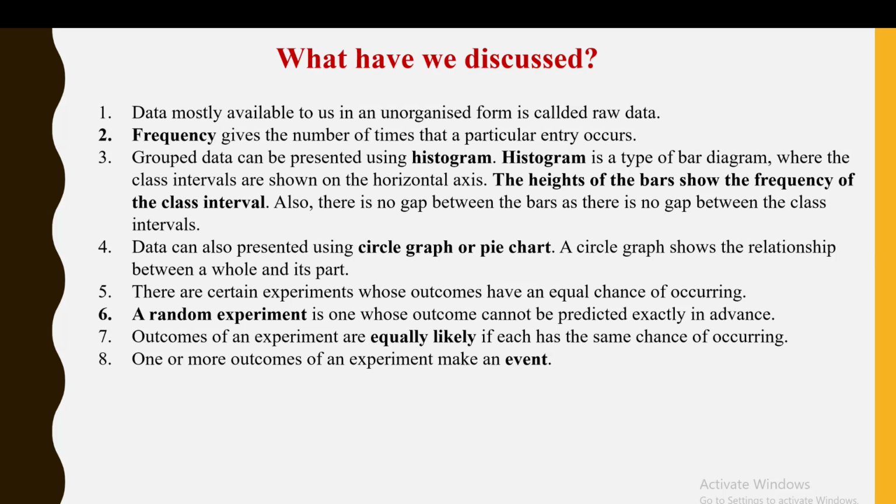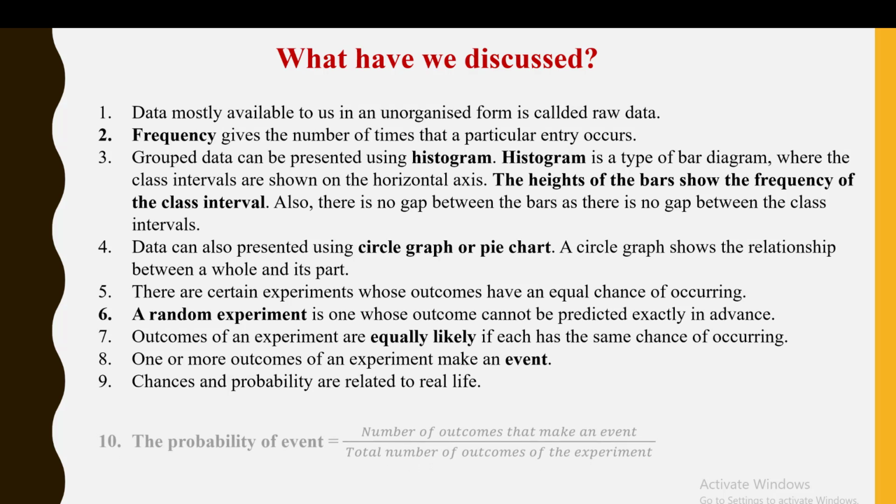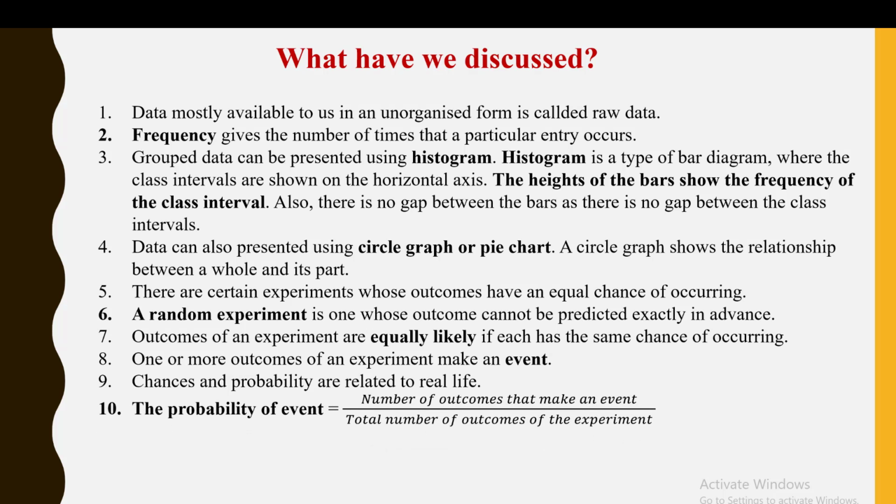One or more outcomes of an experiment make an event. 9. Chance and probability are related to real life. 10. The probability of an event equals the number of outcomes that make the event by the total number of outcomes of the experiment.